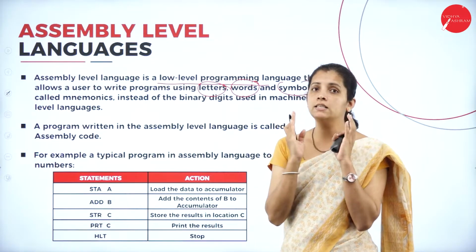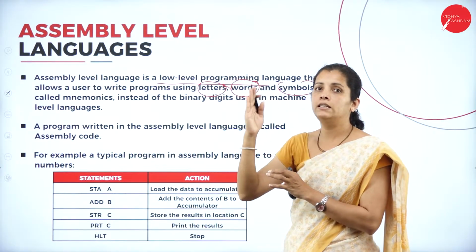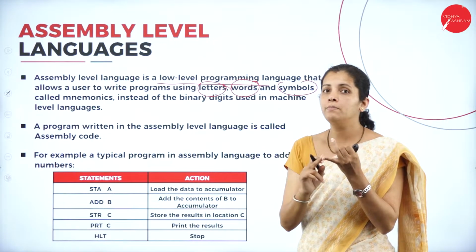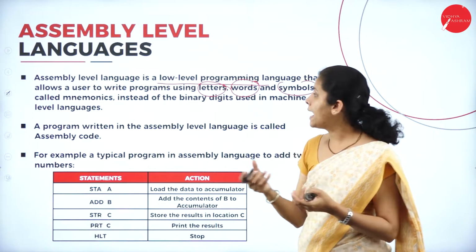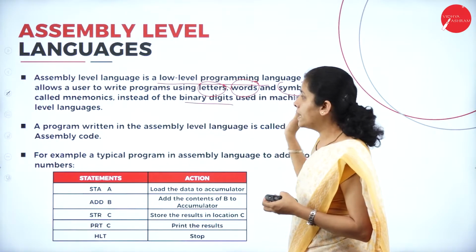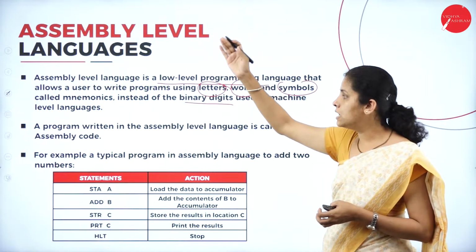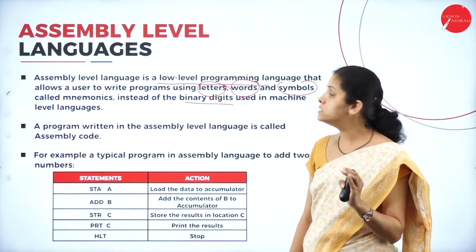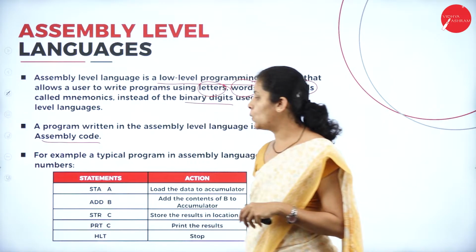So dear student, just remember, when it is assembly level language, then it is mnemonics. Mnemonics means special symbols and words along with letters. So instead of binary digits, I can use mnemonics in assembly level language, and a program written by using assembly level language is called assembly code.